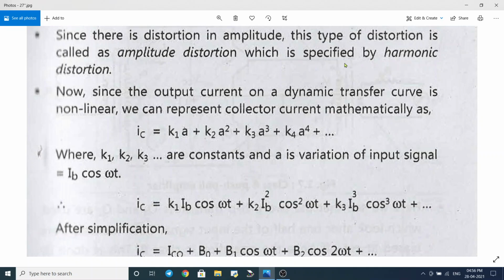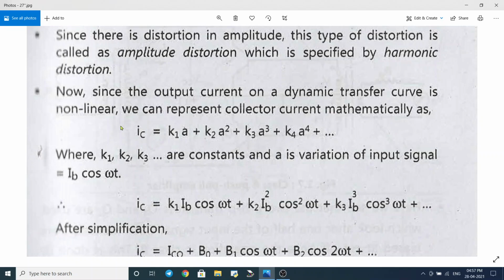But it is specified by the harmonic distortion, because we will see mathematically how there are harmonic frequency components. Now we know a transistor is a non-linear device, means its output current is a non-linear physical quantity. Any non-linear physical quantity can be expressed using a mathematical equation.